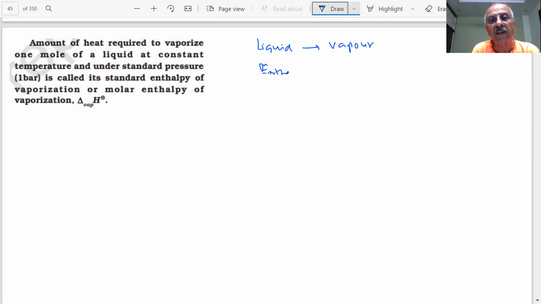So we can say enthalpy of vaporization. Enthalpy of vaporization means what? When 1 mole of liquid is converted into vapor, student, it will absorb heat, and that is the enthalpy of vaporization. So the amount of heat required to vaporize 1 mole of a liquid at constant temperature under standard pressure of 1 bar is called standard enthalpy of vaporization or molar enthalpy of vaporization.